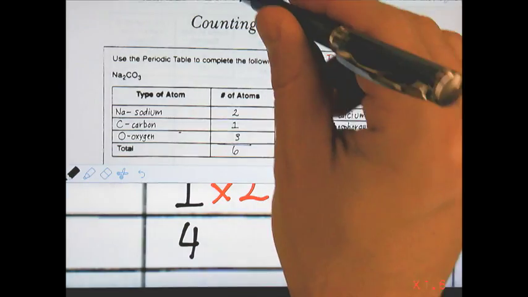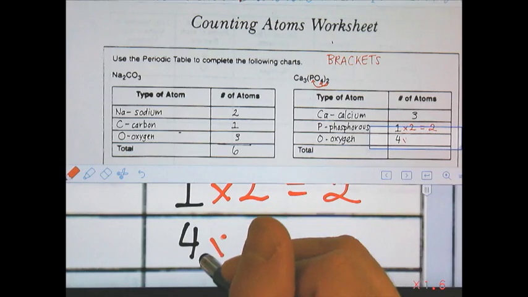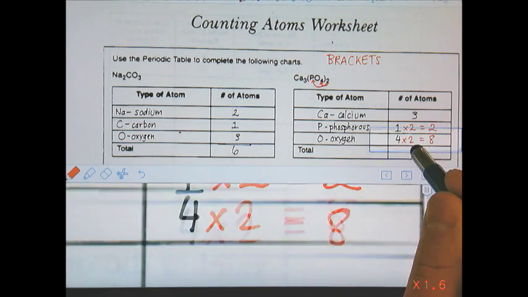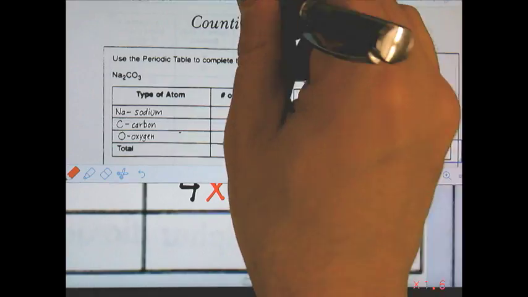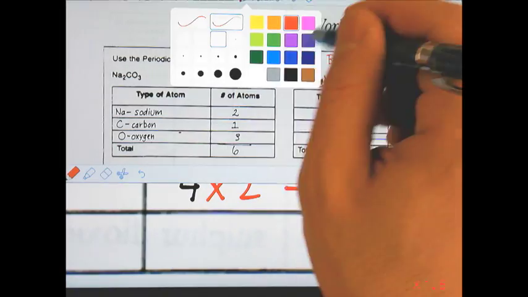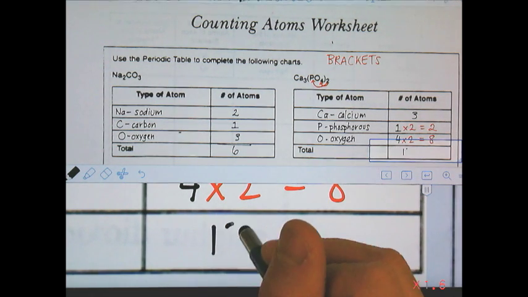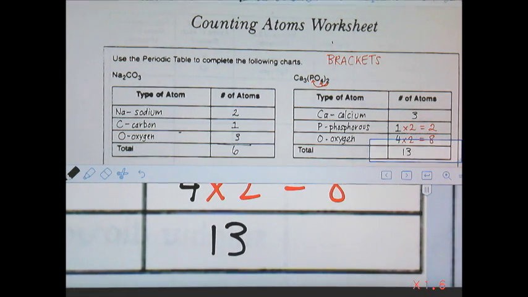We'll multiply this number by the number outside the brackets, which is 2. 4 times 2 is 8. So there are 8 atoms of oxygen in one molecule of calcium phosphate. Let's find the total number of atoms by adding 3 plus 2 plus 8. This is a total of 13 atoms in one molecule of calcium phosphate.